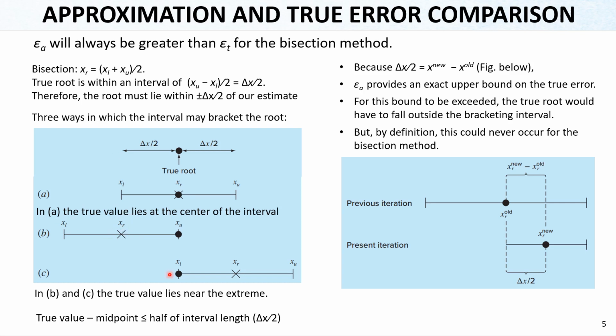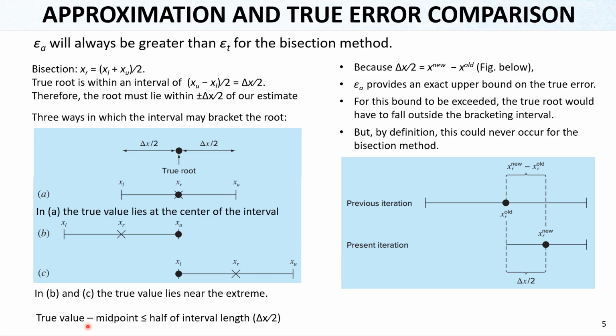Or in C, with this being xl, the lower bound, between the upper and lower bound we will have a midpoint for the new value. And the true value lies near the extremes, actually. It can be from the midpoint to the right extreme, or from the midpoint to the left extreme, or in between. So the extremes are always delta x over 2.